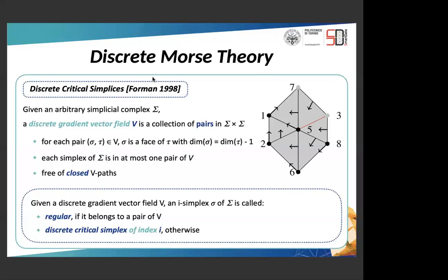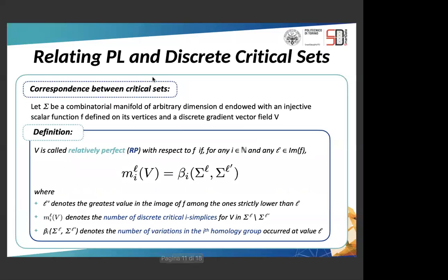So we have proven the equivalence of all the notions of PL critical points in the PL framework. We have a notion of a discrete critical simplex in the framework of discrete Morse theory. We want to connect those two notions and create a correspondence.